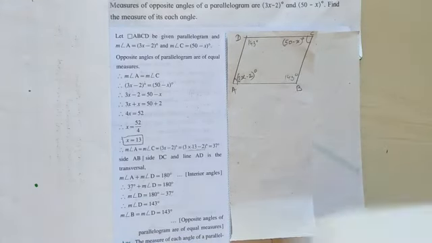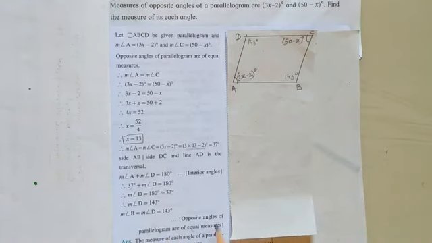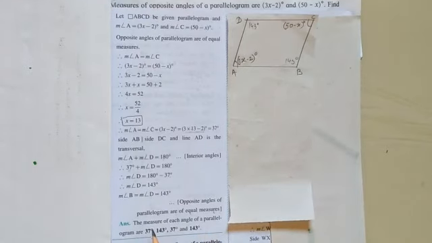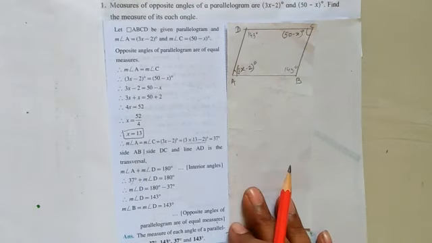Here we have to give the reason, that is, opposite angles of a parallelogram are of equal measures. So what will our final answer? The measures of each angle of the parallelogram are 37 degrees, 143 degrees, 37 degrees and 143 degrees. So students, this is the complete answer.